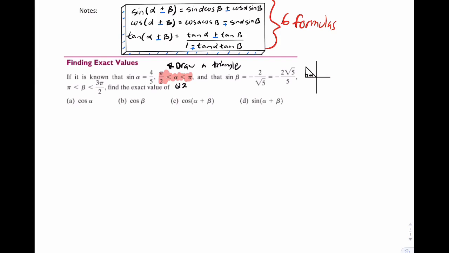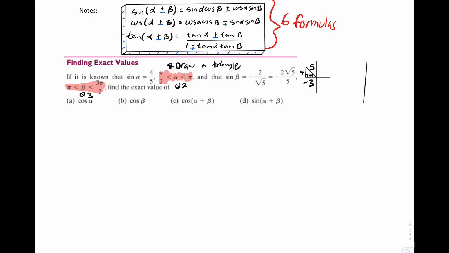We'll put alpha right there. Sine is 4 over 5, so let's write that 4, 5. That makes your adjacent -3. Let's keep reading. Sine of beta is -2 over root 5. And beta, here's the important part, is between pi and 3 pi over 2, that should be quadrant 3.